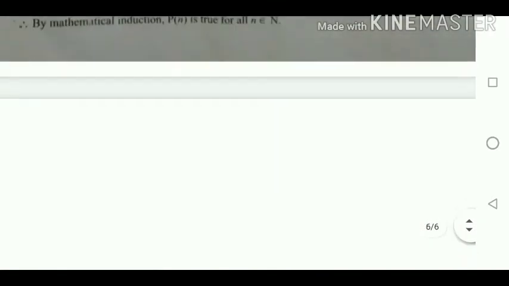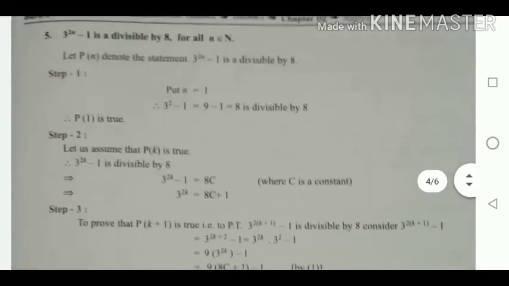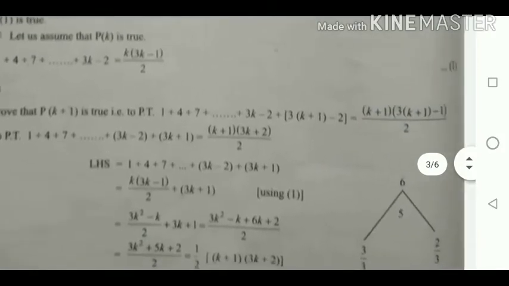To prove that P(k+1) is true, that is, prove that 1 + 4 + 7 + ... + (3k-2) + (3(k+1)-2) equals (k+1)(3(k+1)-1)/2.